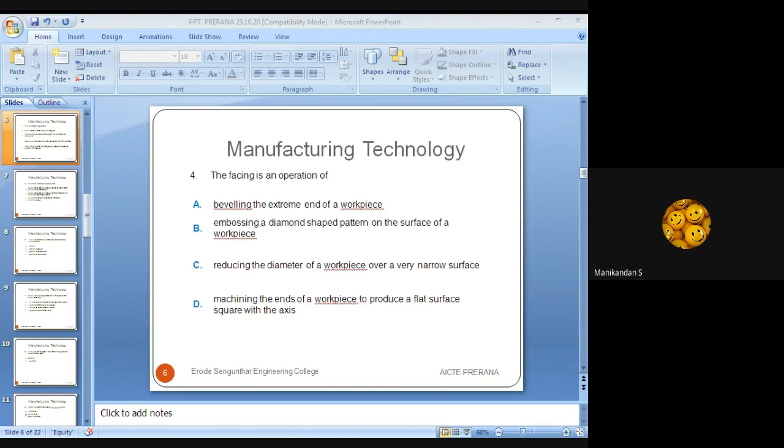This operation is done to get a good flat surface. It may be a cylindrical or square workpiece. Facing is to reduce the length of the component, whereas turning is to reduce the diameter of the component. So facing is an operation of machining the ends of the workpiece to produce a flat surface square with the axis.